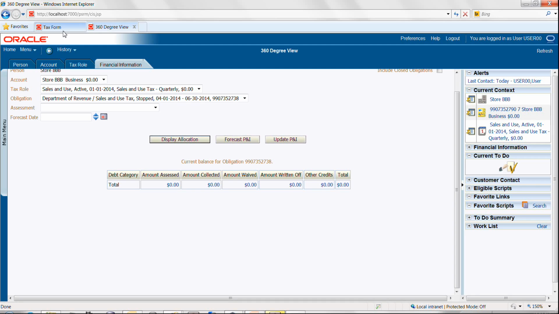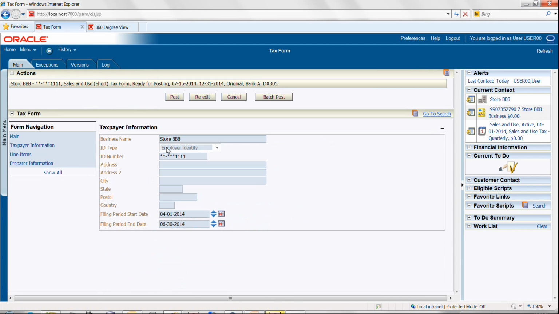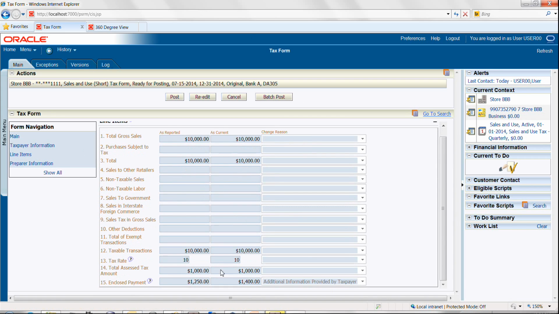Now, in order to trigger an overpayment for this particular quarter, we're going to submit a tax form. I have the tax form here ready to be posted. Let's have a look at how I filled it in. I filled it in for this store BBB, using the second quarter period, and I filled in the amounts so that the assessment is 1,000, and the enclosed payment is for an overpayment, an excess of 400.